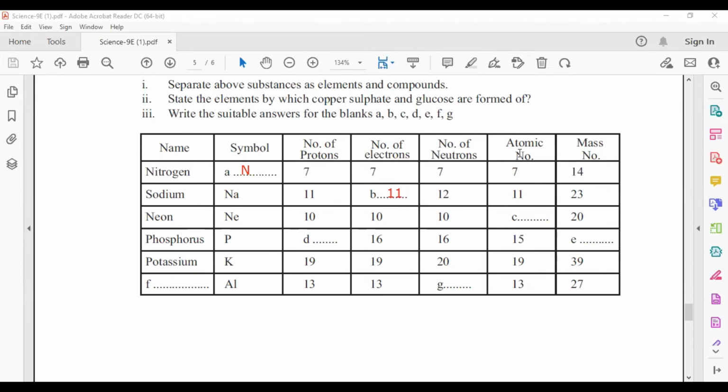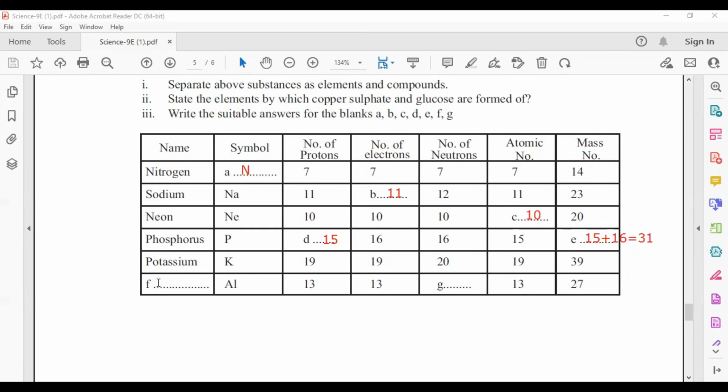Neon: atomic number is asked, it is equal to the number of protons, so it is 10. Here the phosphorus: protons equal the atomic number, it is 15. Mass number equals the sum of the protons and neutrons. 16 plus 15, 31 is the mass number.